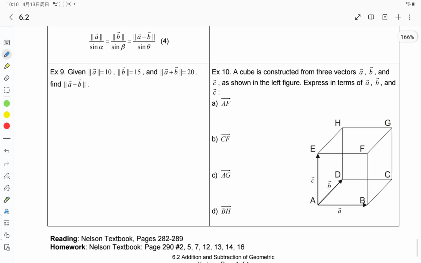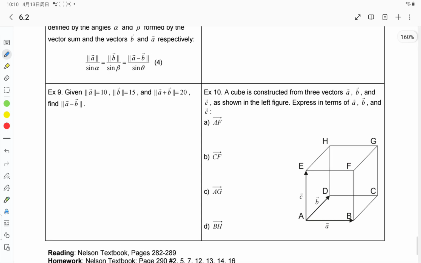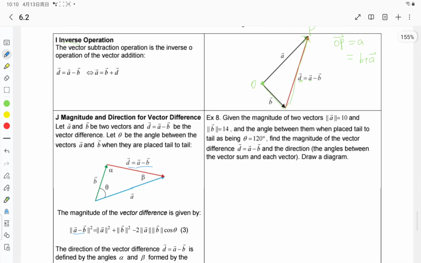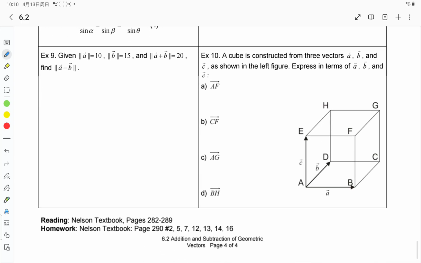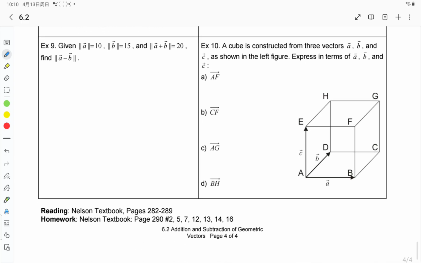Okay. We still have these, I think. Let me see if I want to give some of these as an exam, but I'm not sure.